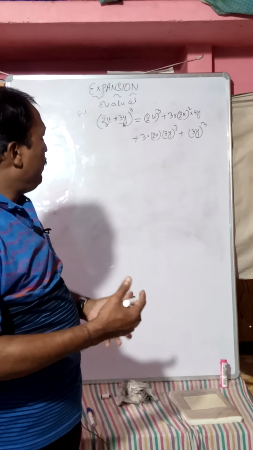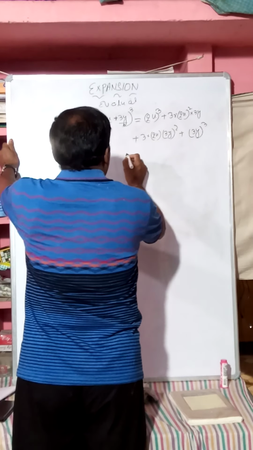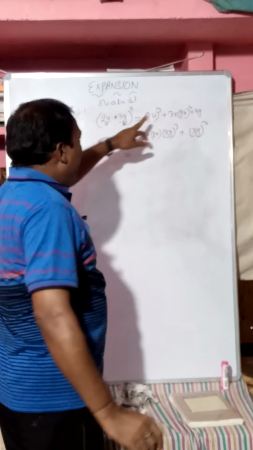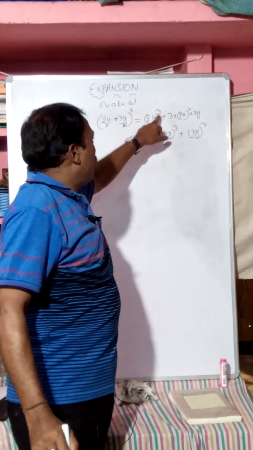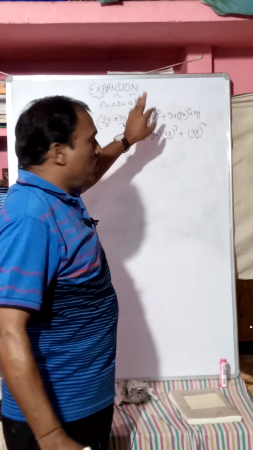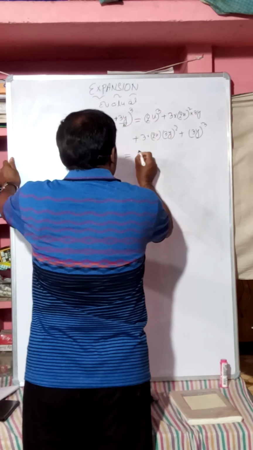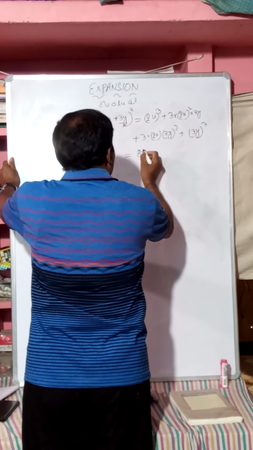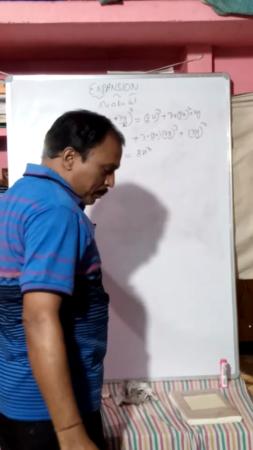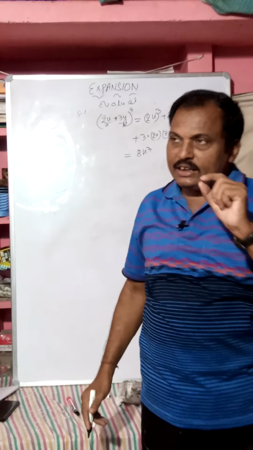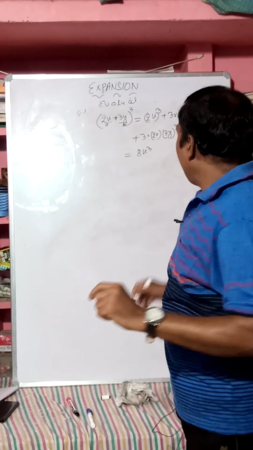Now simplify this expression. 2x whole cube means 2 whole cube into x whole cube. 2 whole cube, 2 into 2 into 2 that is 8, x whole cube x cube. Here try to remember a silly thing, a little thing.